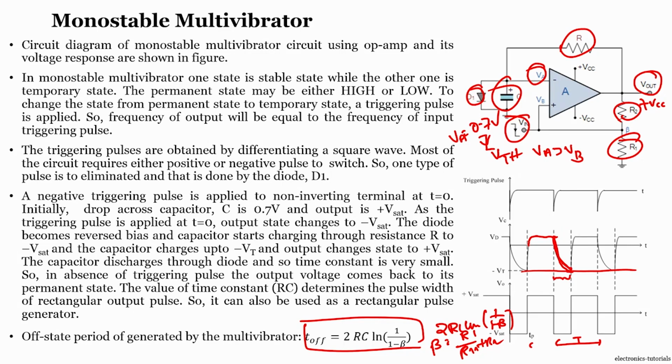In this case you have to consider from lower threshold to Vd, which is nothing but 0.7. What is the time it takes? If we can calculate that, this gives us the complete on time, or the complete time, right. And if I know at what frequency this is switching on and off, we can understand the complete frequency. Clear? So this depends upon the capacitor value and the beta value, right, whereas this value depends upon when we are giving this peak.